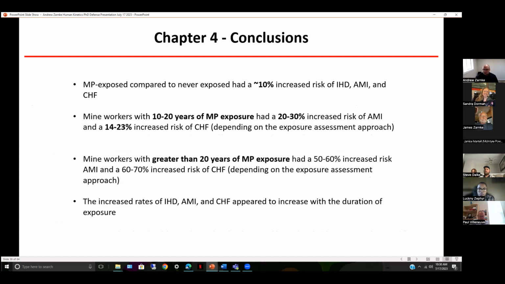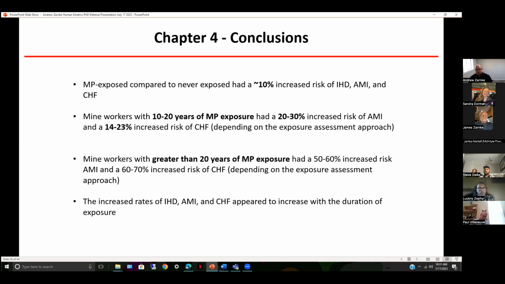So just to quickly summarize all the results for this chapter. McIntyre exposure compared to never exposed had about a 10% increased risk of ischemic heart disease, heart attack, and congestive heart failure. Mine workers with 10 to 20 years of exposure had about 20 to 30% increased risk of heart attack and 14 to 23% increased risk of congestive heart failure.